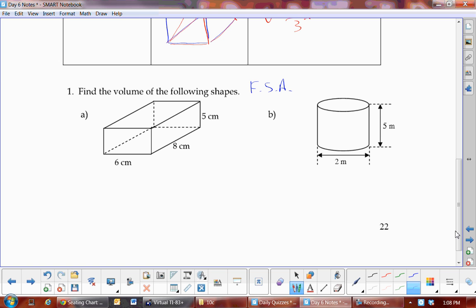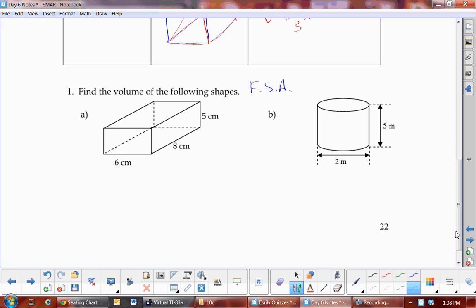Every time you do one of these, do them in FSA. If I was to give this on an exam, it would be worth 3 marks. Number 1, formula. Number 2, substitution. Number 3, answer.